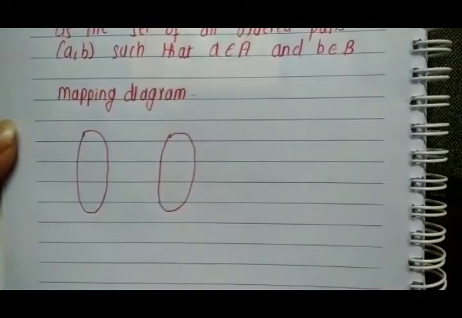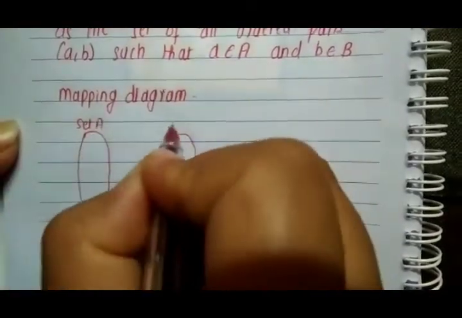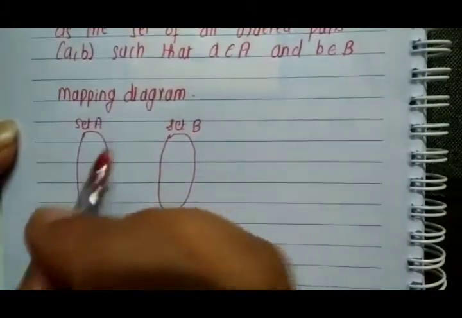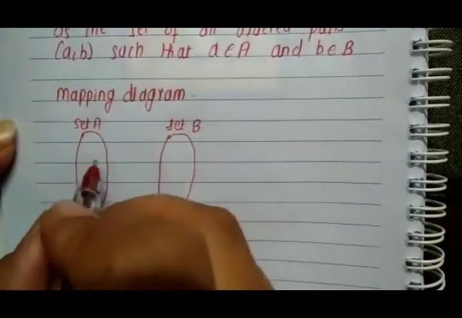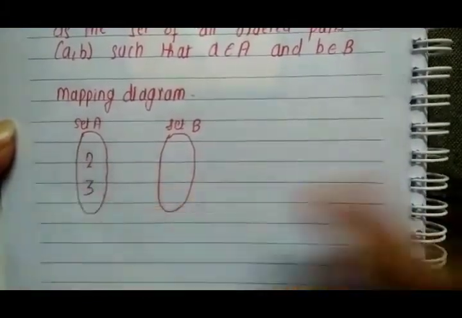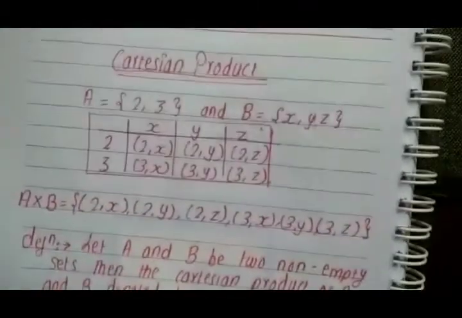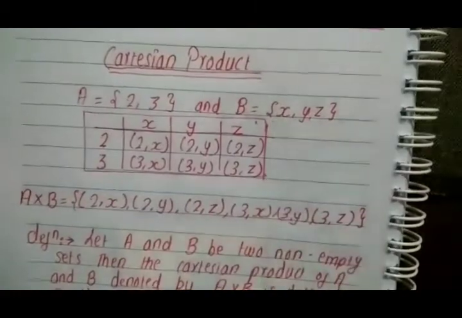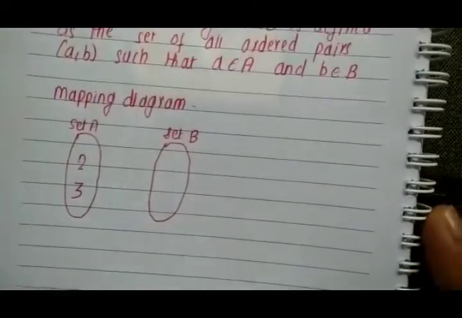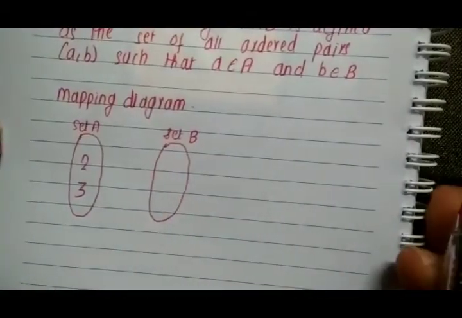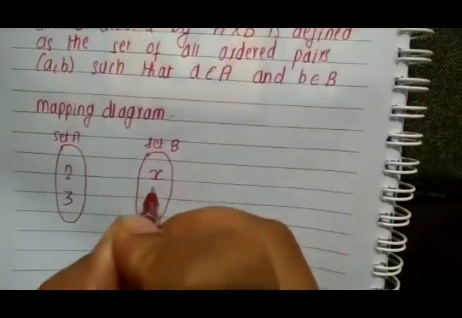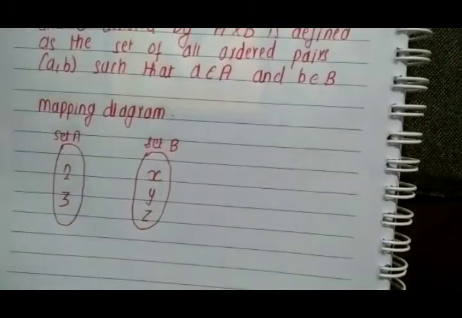In one we will write set A and in the other set B. In set A we write its elements, 2, 3, and in set B, x, y, z.